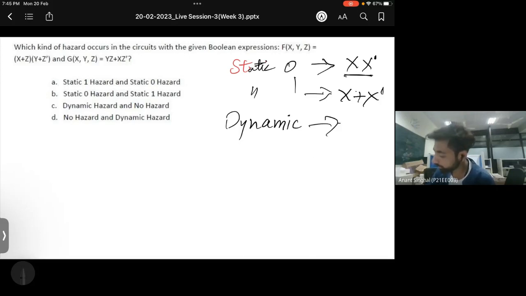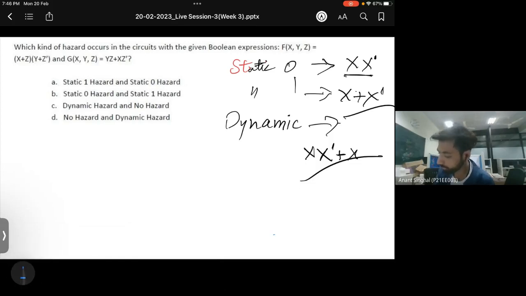And for dynamic, it is x bar plus x. So yeah, these are the basic things that you need to remember for hazards. For static 0, it is x bar. For static 1, it is x plus x bar. And for dynamic, it is x bar plus x. So if you know this much, it is quite easier.